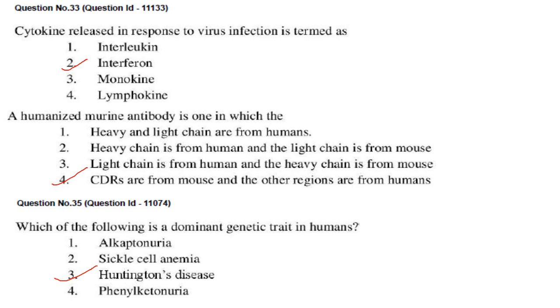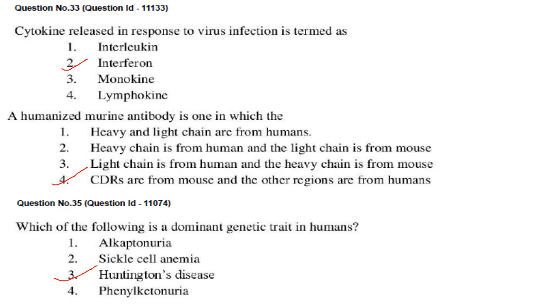So a humanized antibody contains the human constant domains of the antibody and mouse variable domains. So they will not be rejected by the human body because the human constant domains are present.